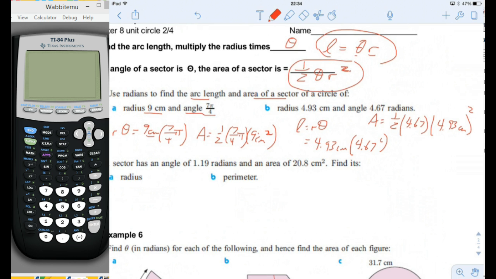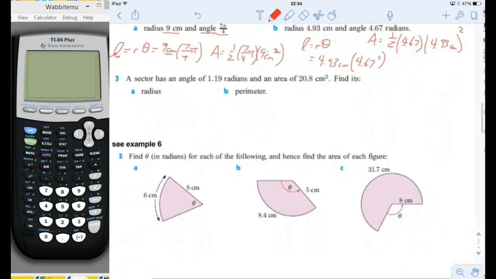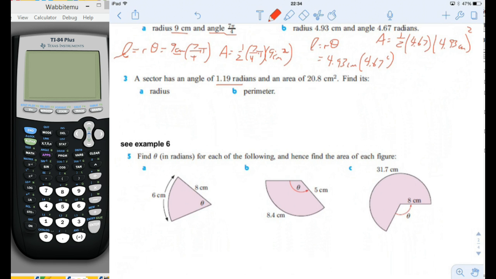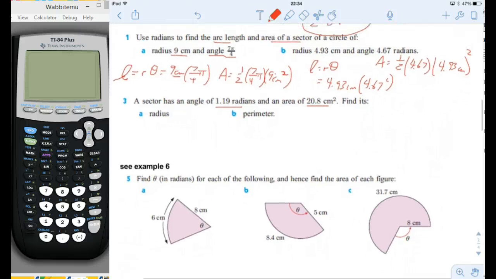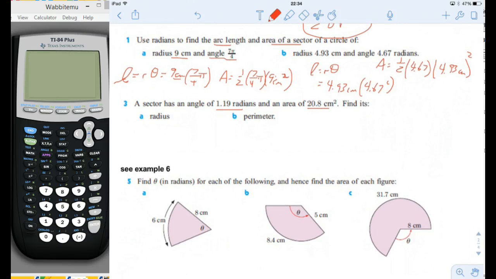A sector has an angle of 1.19 radians and an area of 20.8 centimeters squared. Find its radius. Okay, so we're going to use the same equations, but now the unknown's in a different place, right? So we do know, let's see, we know the area and we know the angle. So we're on our way to finding the radius, right?